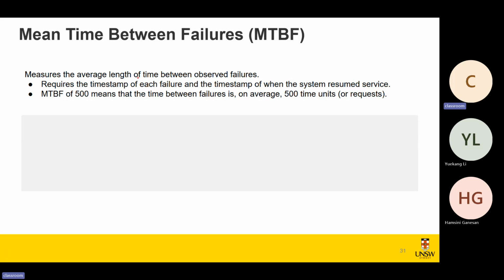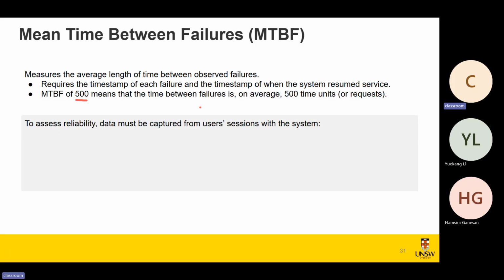If we want to calculate this, we need to keep track of the timestamp where each failure happens. And a mean time between failures of 500 means that the average time between two failures is like 500 time units.